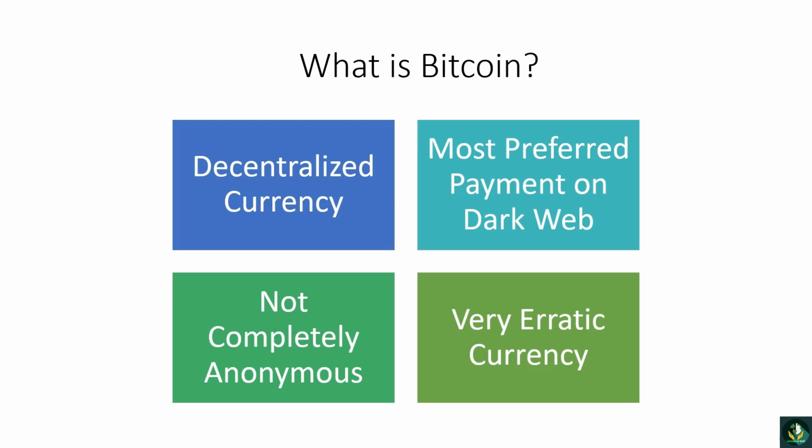So let's go on to the final part, which is that Bitcoin is a very erratic currency. Let me explain what that means. Bitcoin is highly volatile and unpredictable in the sense that it does not store value in a very predictable fashion.